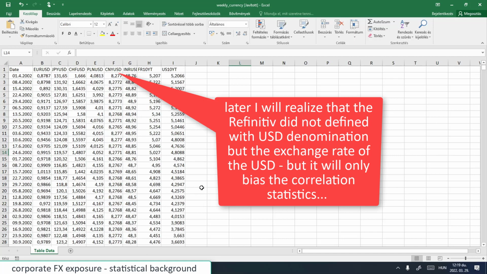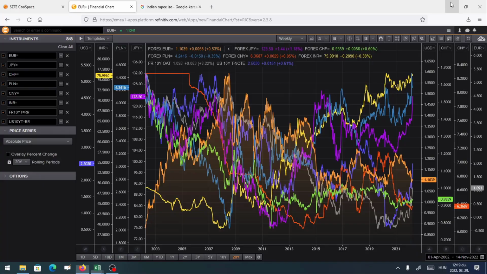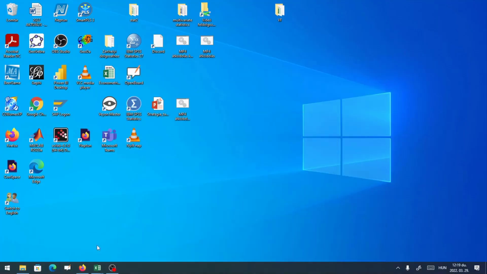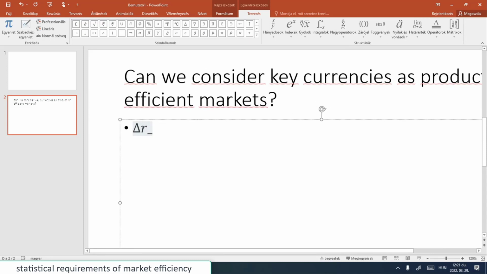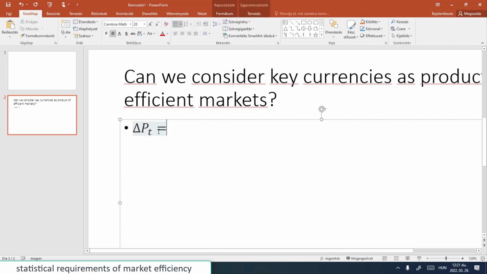Okay, so the first question would be, are these markets efficient or not? So let's create the change of the exchange rate, the delta, in time t. Oh, sorry, it's price at t will be equal to, we can have some constant, but usually we don't want to have this drift, so let's not include it. It just creates problems.